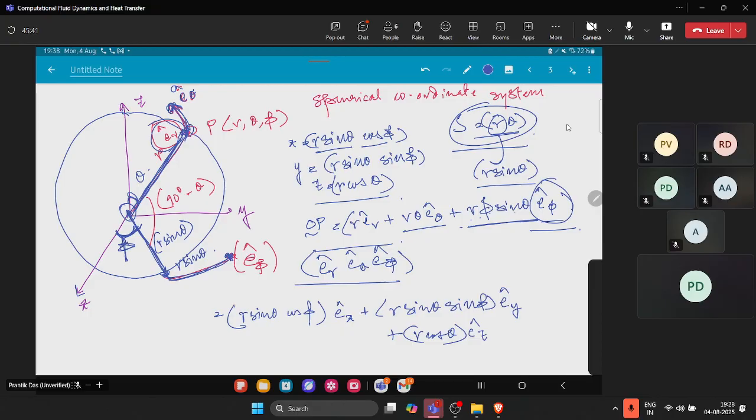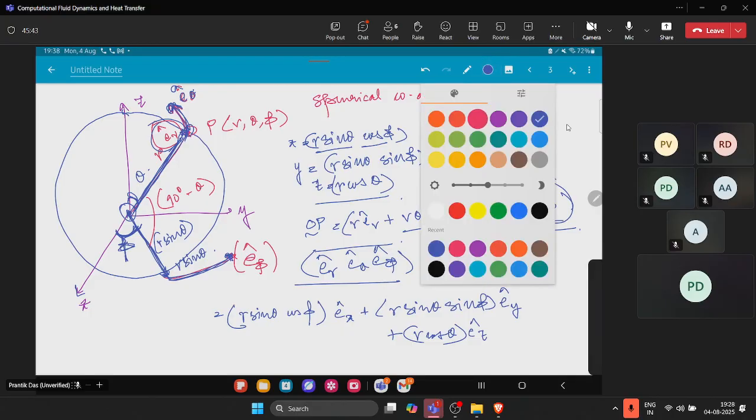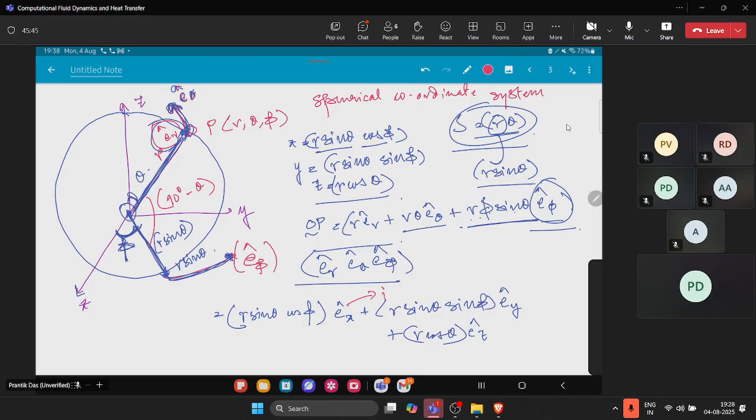Okay. So E x cap is basically your I cap, E y is your j cap, and E z is your k cap. So you can express in terms of E x, E y, and E z, or you can express in terms of r, theta, phi. It is up to you what you do. Okay.